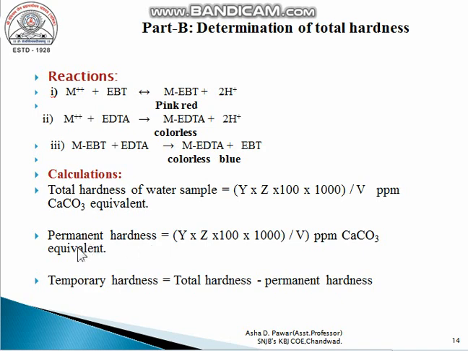We use the same procedure for the filtrate, that is determination of permanent hardness of the water sample by using the same formula Y into Z into 1000 into 100 upon V. Then once we calculate the permanent hardness and total hardness, we find the temporary hardness of the same water sample, that is temporary hardness is equal to total hardness minus permanent hardness.